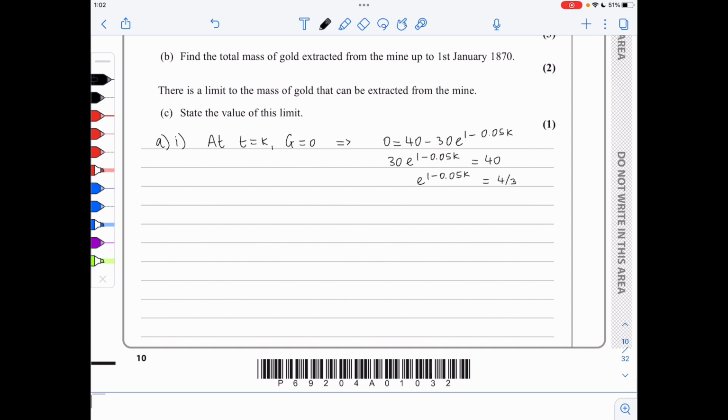I will take a ln of both sides, leading to 1 minus 0.05k is a ln of 4/3, and therefore 1 minus ln of 4/3 is equal to 0.05k. So if I divide by 0.05, that will give me k. So this leads to a value of k being 14.246.